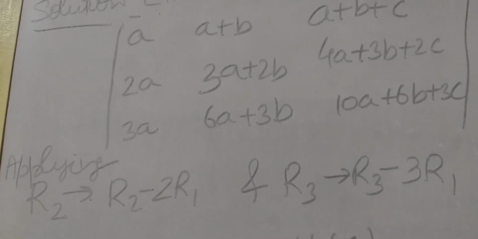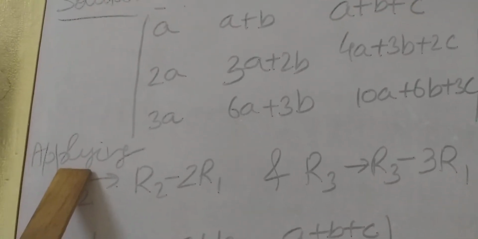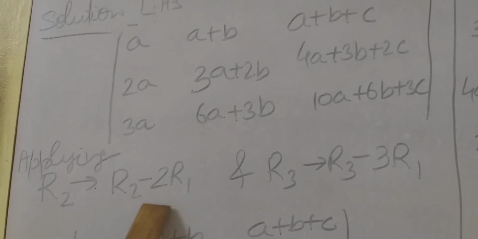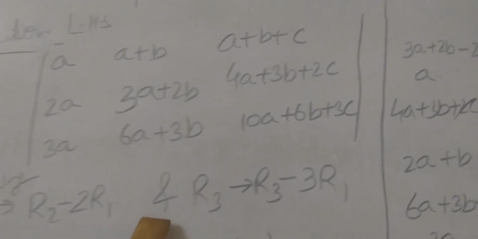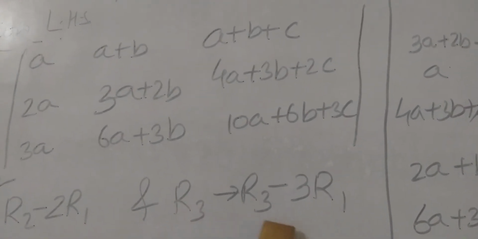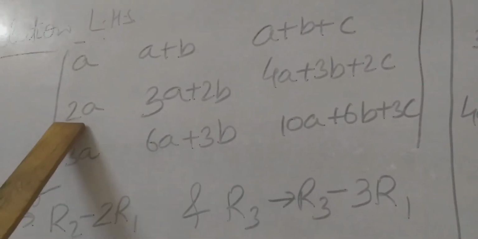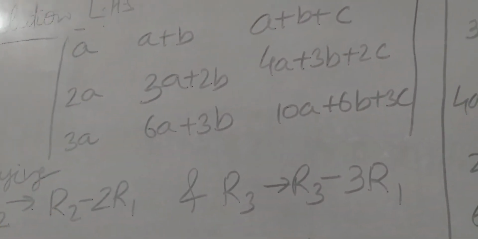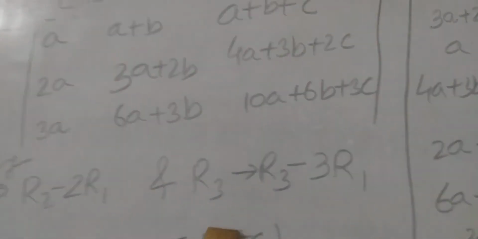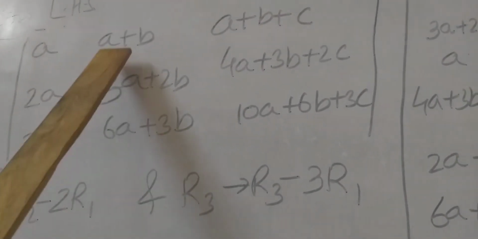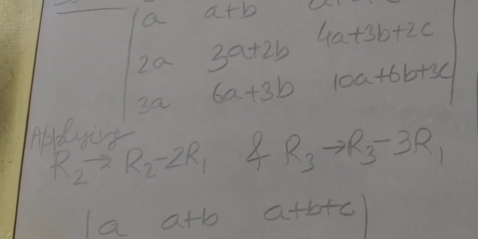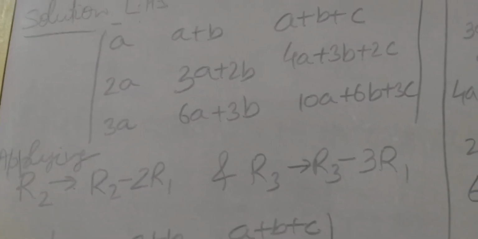That's why I am going to apply R2 tends to R2 minus twice of R1 and R3 tends to R3 minus thrice of R1. Okay, students, so let us apply this.